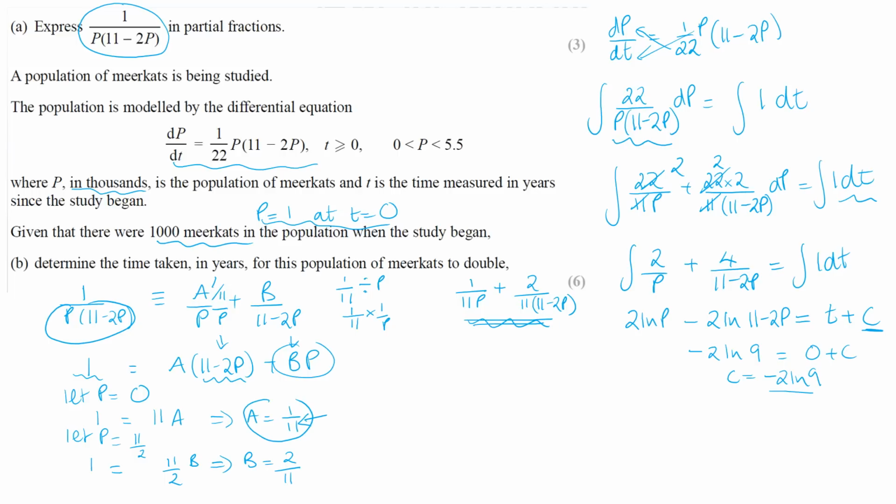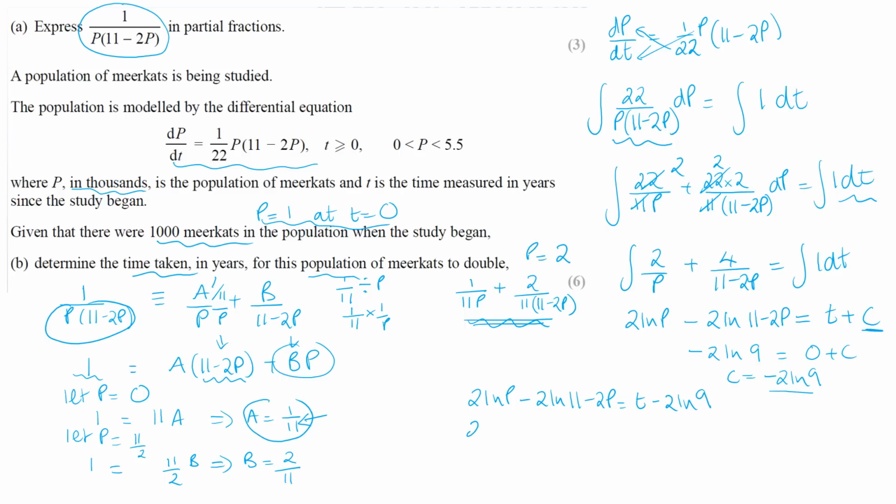So our equation is 2 the ln of p minus 2 the ln of 11 minus 2p is equal to t minus 2 the ln of 9. Now that's our equation, and we're going to use that to determine the time taken for the population to double. So when it doubles, p is equal to 2.